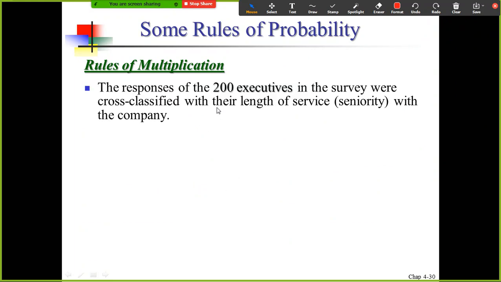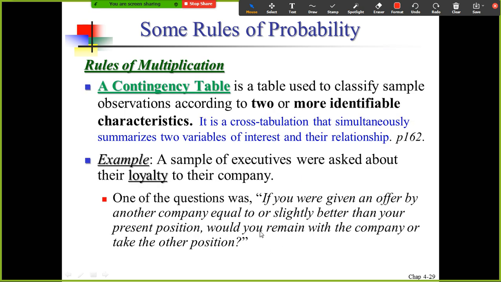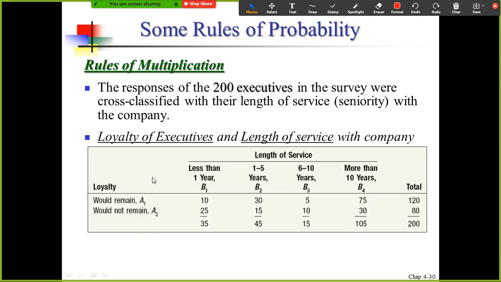So in this case, suppose that we have 200 executives in our sample data set, and we ask these 200 executives this question. After asking, we got a result like this one. After finishing collecting their answers, we found that 120 stay in the same company and 80 will move to a new company.